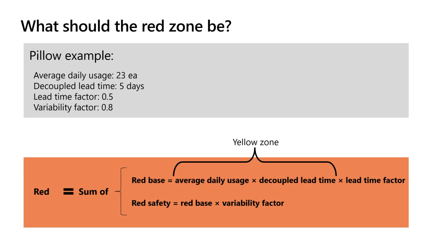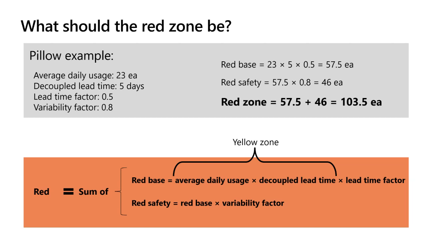Looking again at the same example data we just used, we'll add our lead time factor of 0.5 and our variability factor of 0.8. To calculate our red base will be 23 times 5 times 0.5, which comes out to 57.5 eaches for the red base. Our red safety will be that 57.5 for the red base times the variability factor of 0.8, which gives us 46 eaches.